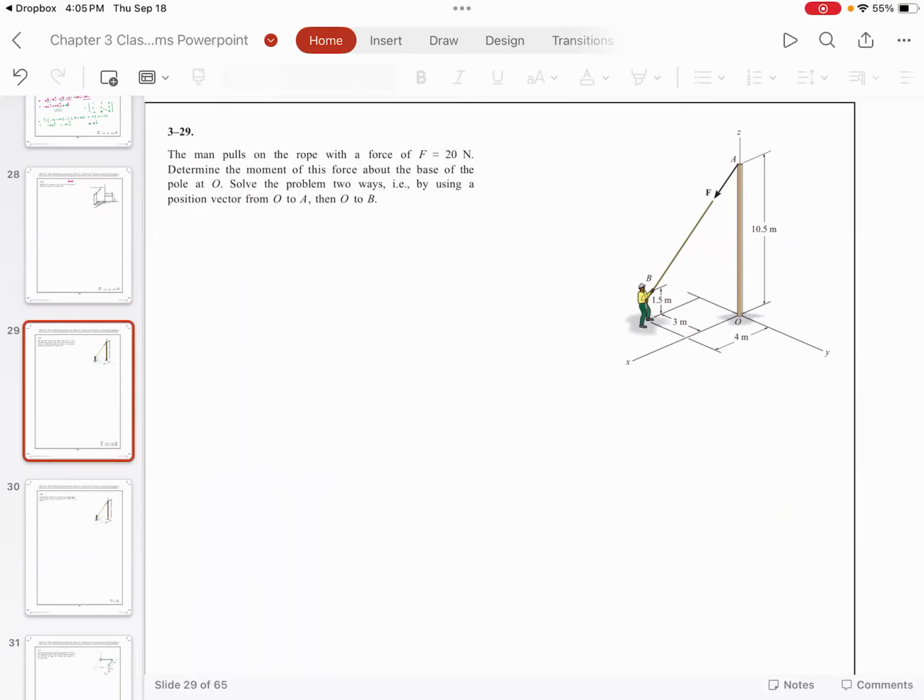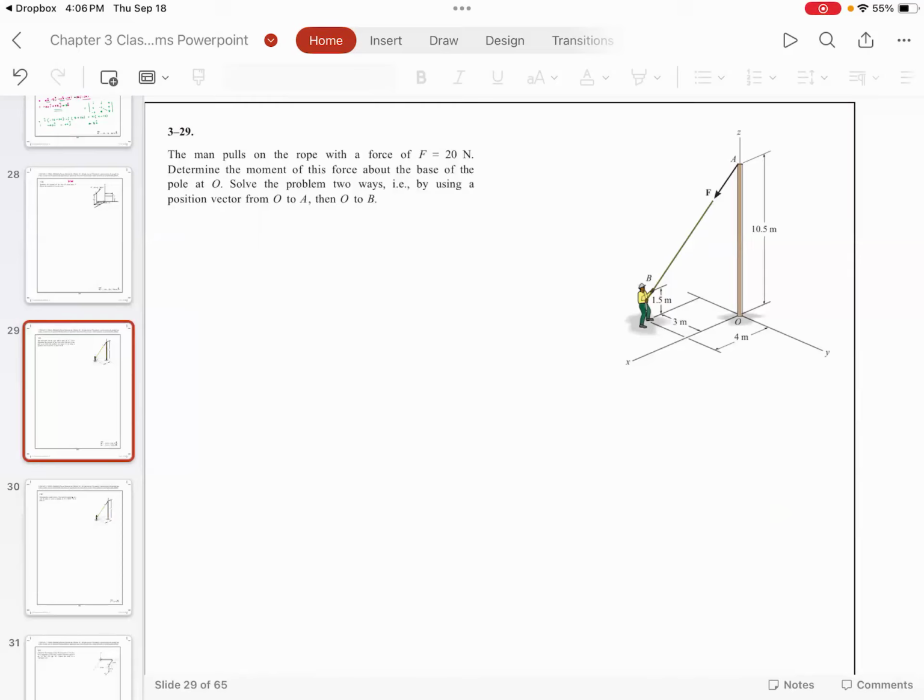Now, if you want to solve this problem, you can solve this problem in multiple ways.